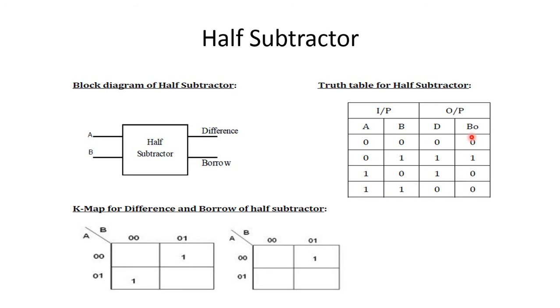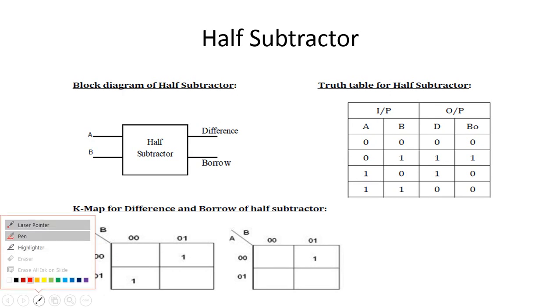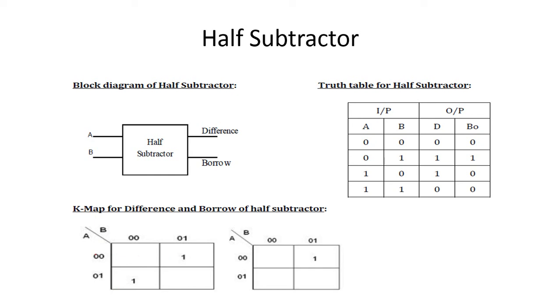Now I'm going to implement this in a Karnaugh map and simplify it. The first one is the difference, then the borrow of the subtractor.